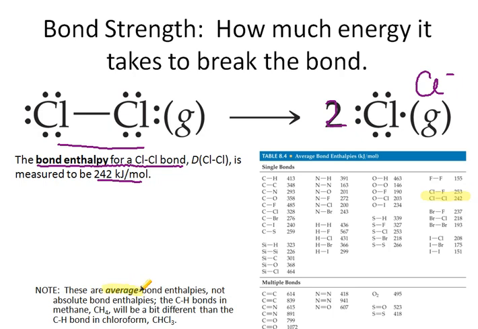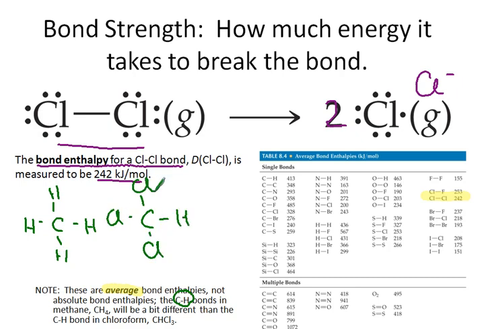And look what it says down here. The average bond enthalpies, they're average, they're not absolute, okay? Because think about it, you've got a carbon-hydrogen bond in several different types of molecules, and depending on what that molecule is, whether it's a carbon-hydrogen bonded like this, with 4 hydrogens all around the carbon, or it's this, where you've got 3 chlorines and 1 hydrogen, okay?